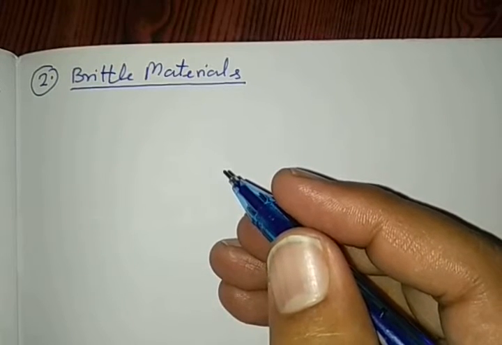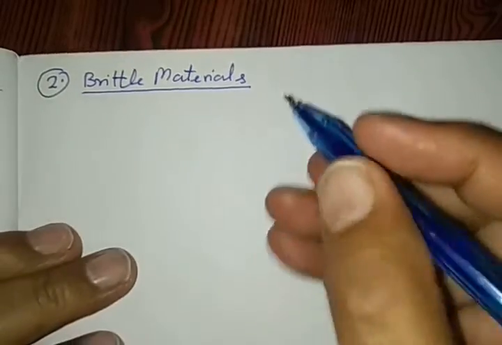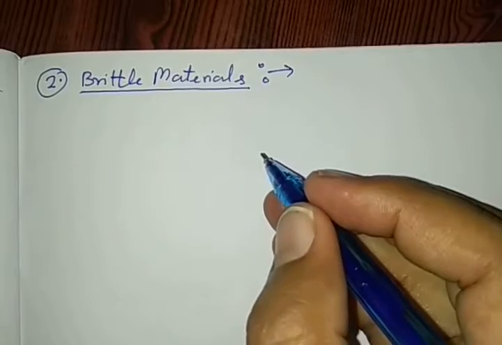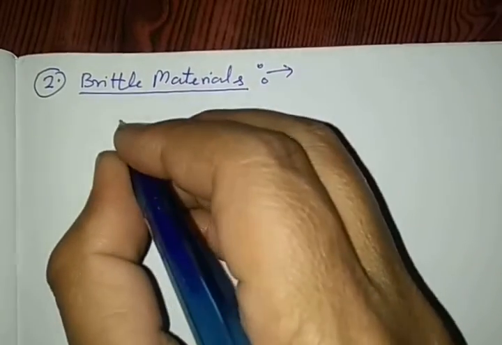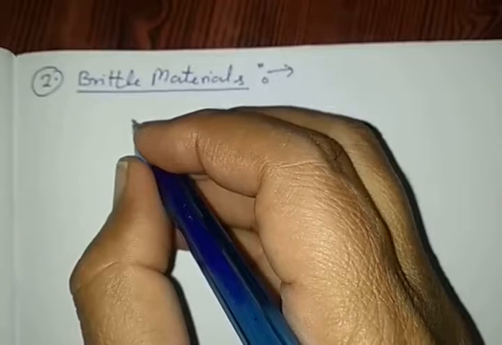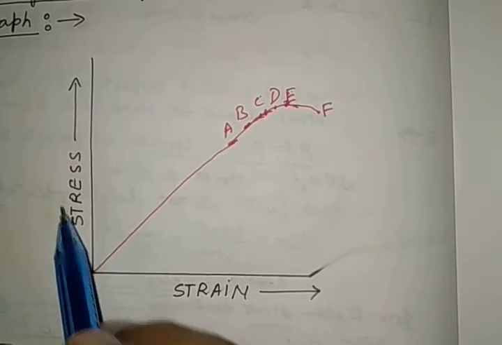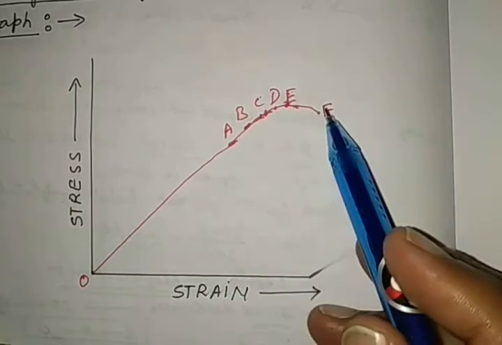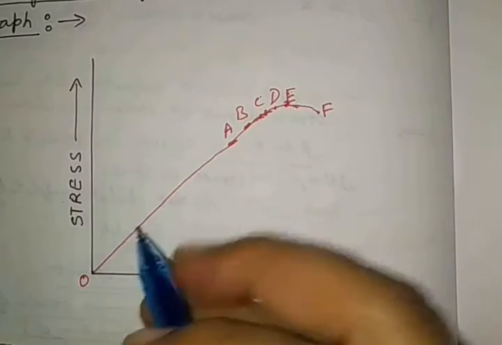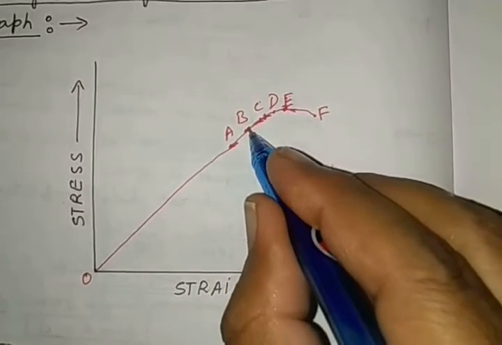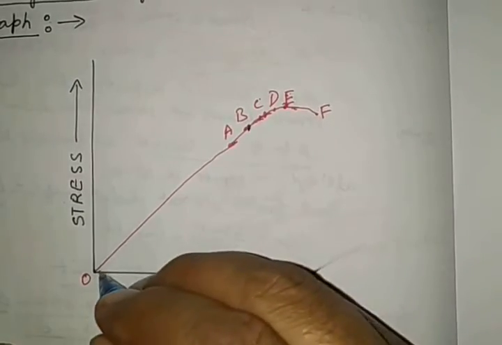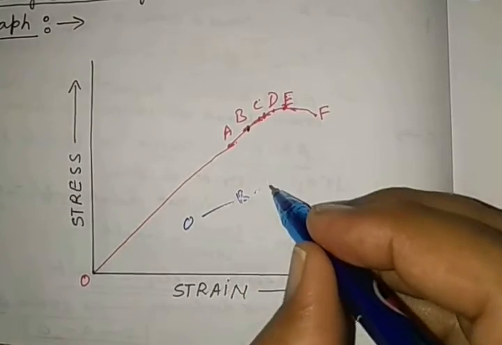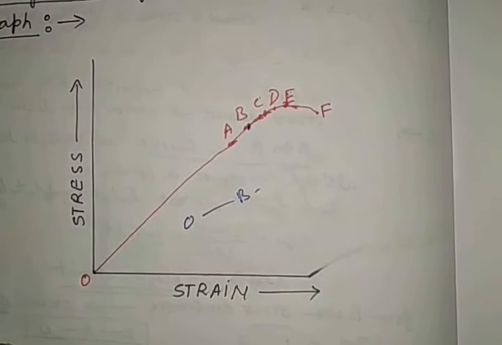Now it is time to categorize the second type of material, that is brittle materials. In brittle materials, when we go to the stress strain graph, the curve is given here, and we know that up to O to B is the elastic limit, and after that the plastic limit.